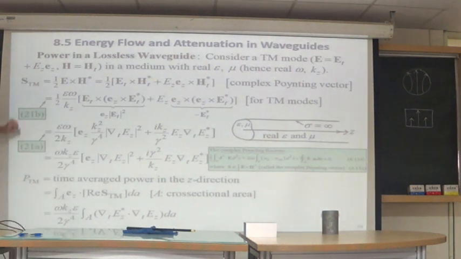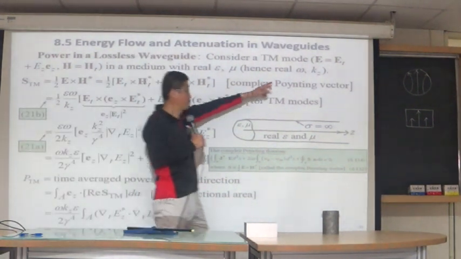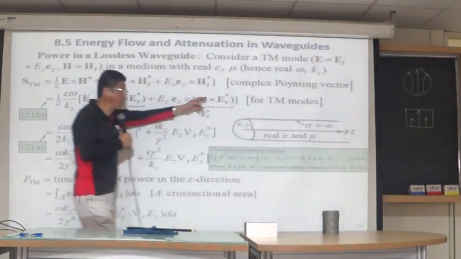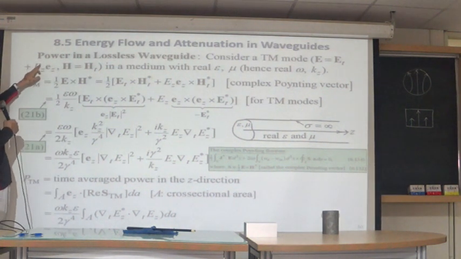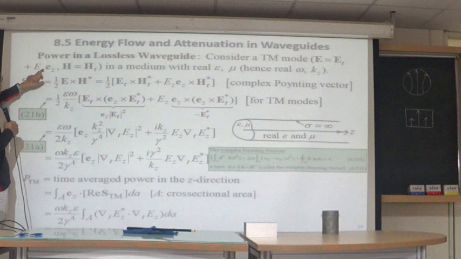So we should calculate the power loss of a waveguide. Let's consider TM mode first. For a TM mode, we have the E transverse component, plus this one, because in TM mode we have Ez.